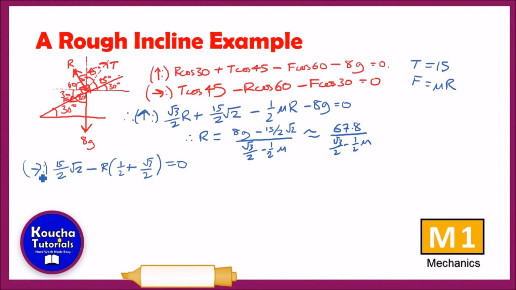Now this looks much better, doesn't it? Therefore, 15 over 2 root 2 minus R, so here comes a crazy one. We're going to get a really big one, aren't we?